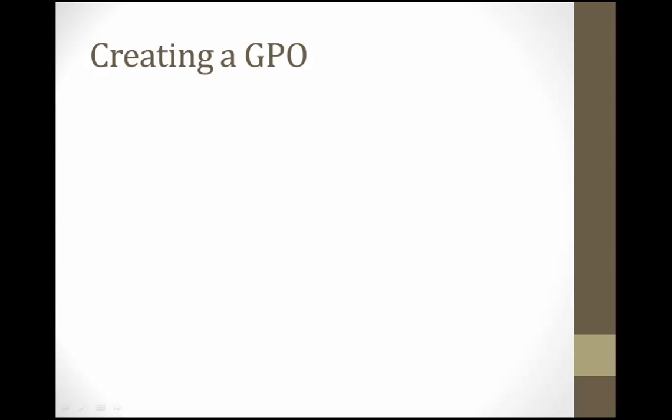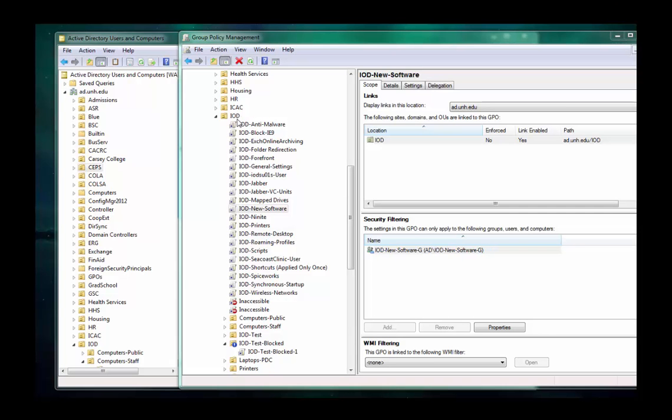So creating a GPO, I kind of just went through that a little bit, but let me talk about the process to create a GPO. Within your organizational unit, if you don't already have organizational units set up, basically what you'll want to do is contact Sally Nickerson's group, the AD Accounts group, and have them create an OU for you.